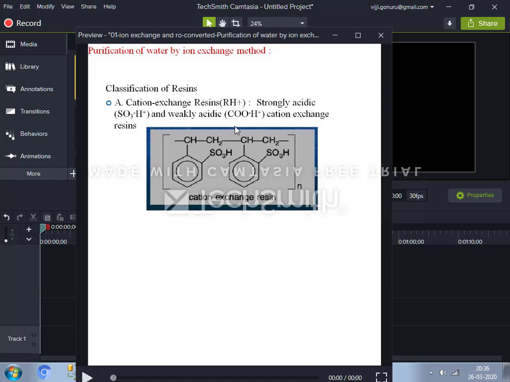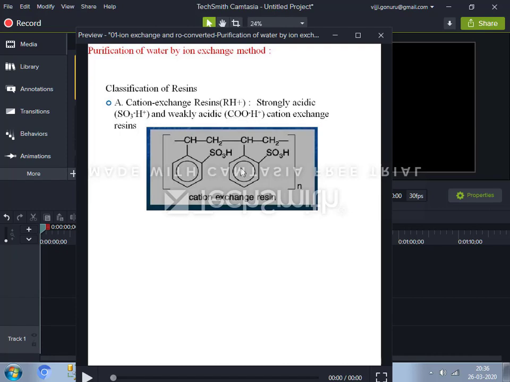In the strongly acidic cation exchange resin, the resin is bonded with the sulfonic group, SO3H, whereas in the weakly acidic cation exchange resin, the resin is bonded with COOH.